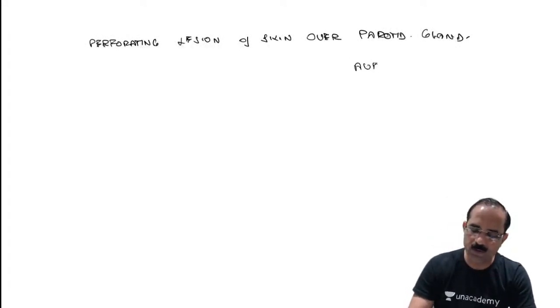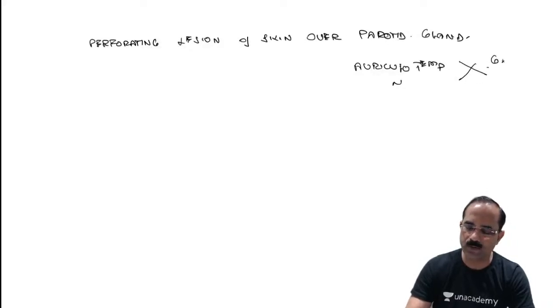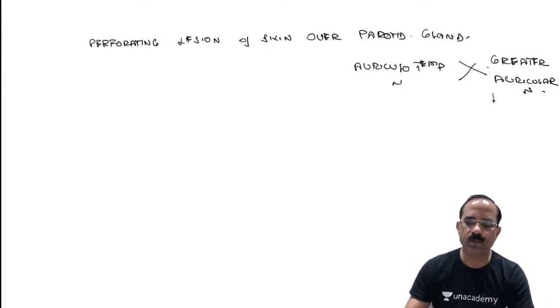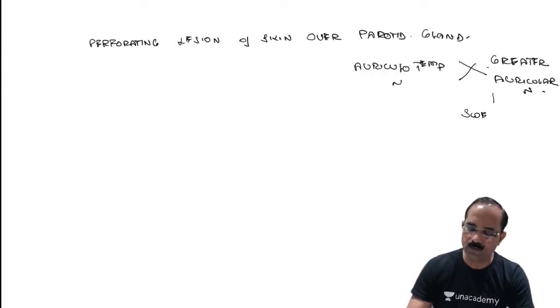The fibers of the auriculotemporal nerve get mixed with the fibers of the greater auricular nerve. And the fibers of the greater auricular nerve supply what? Sweat glands.